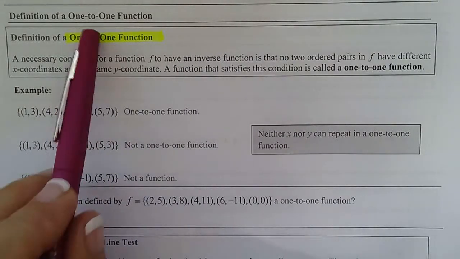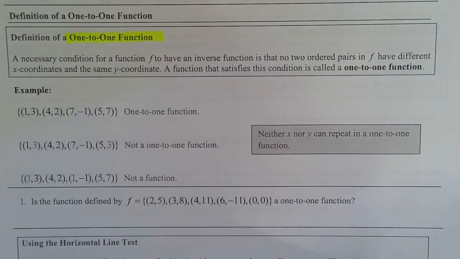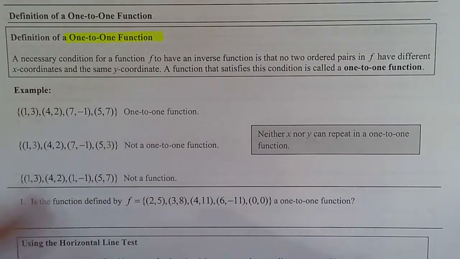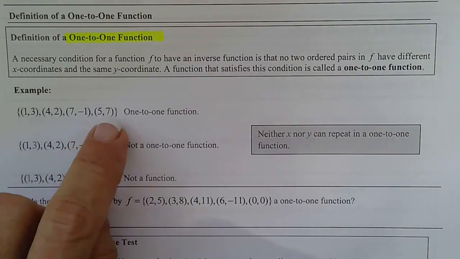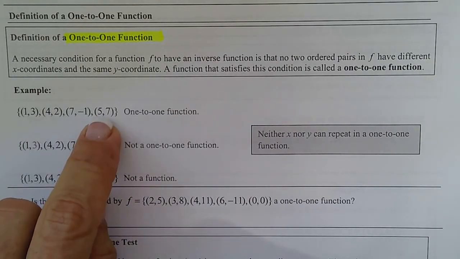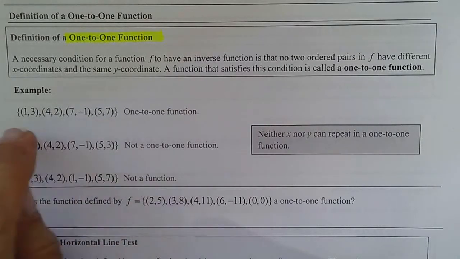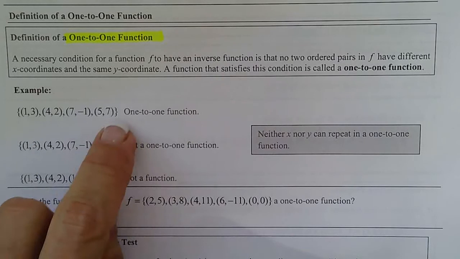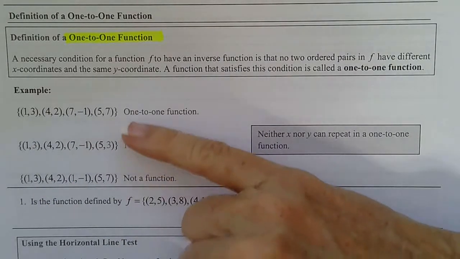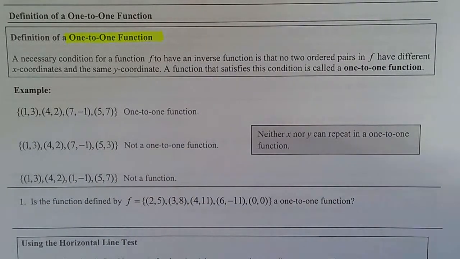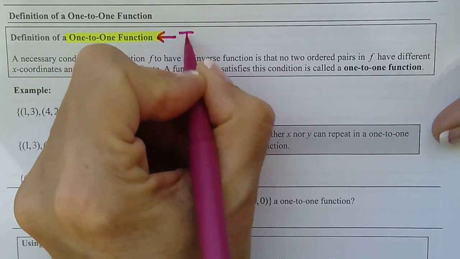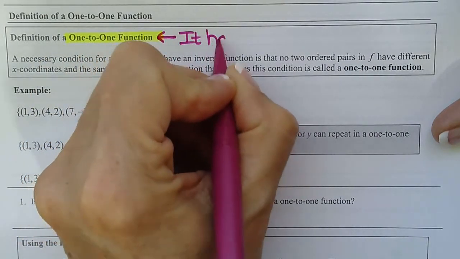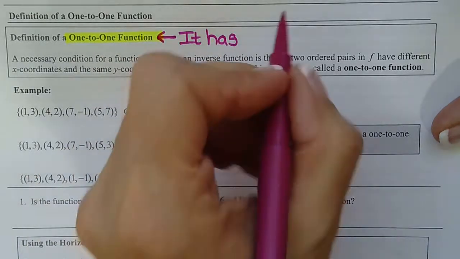Well, what a one-to-one function says is all the y's must be different too. So 3, 2, -1, 7. Because all the x's are different, that makes it a function. Because all the y's are also different, it's a special function. It's a one-to-one function. So a one-to-one function means it has an inverse, because not all functions have an inverse.